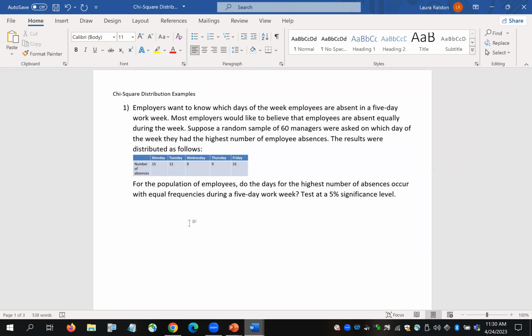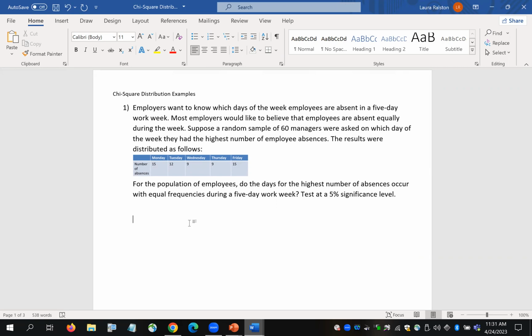Okay, so let's look at this one first. It says, employers want to know which days of the week employees are absent in a 5-day work week. Most employers would like to believe that employees are absent equally during the week. Suppose a random sample of 60 managers were asked on which day of the week they had the highest number of employee absences.